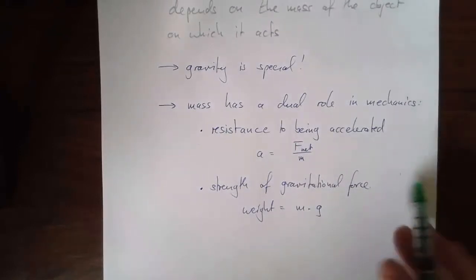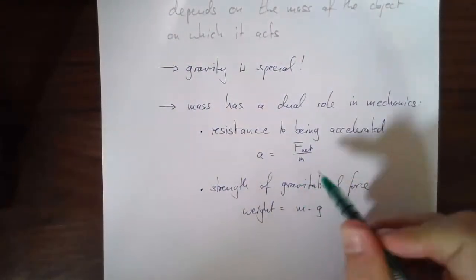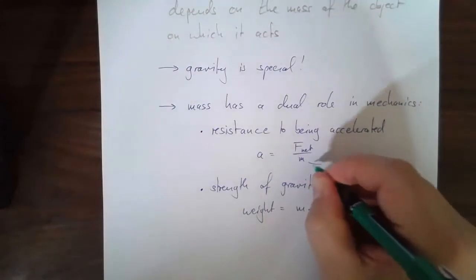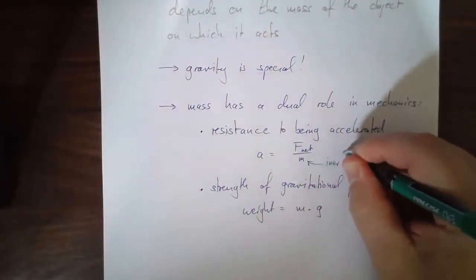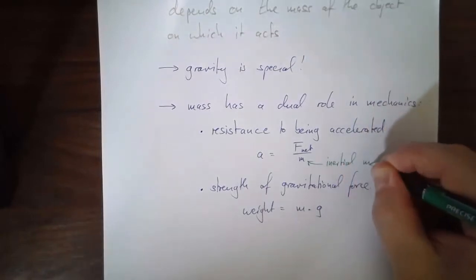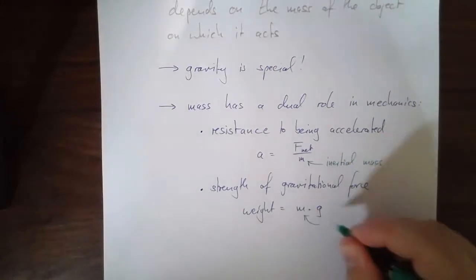And indeed, as I said, gravity is the unique force that does that. We give those two roles names. So this m here is called the inertial mass, and this m here that determines the weight is called the gravitational mass.